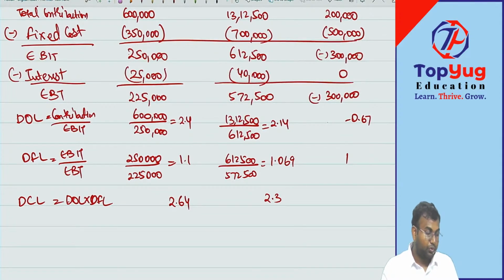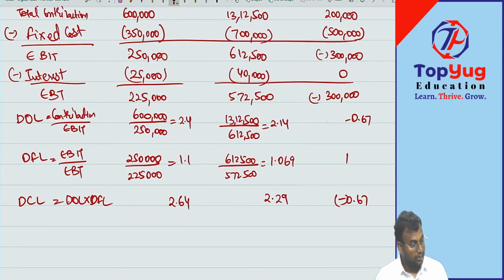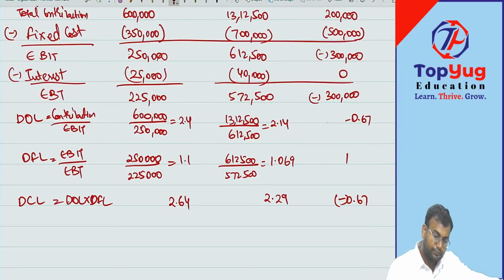Okay, you can round off to 2.29, right? And this would be again negative 0.67. These are our answers. Make a note.